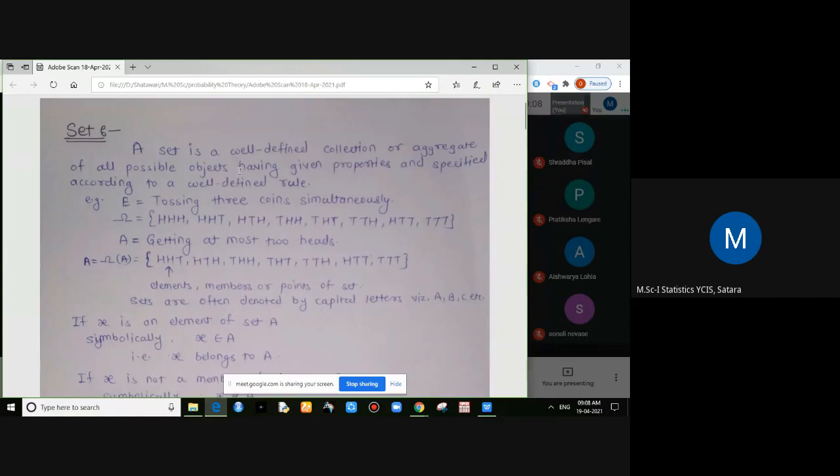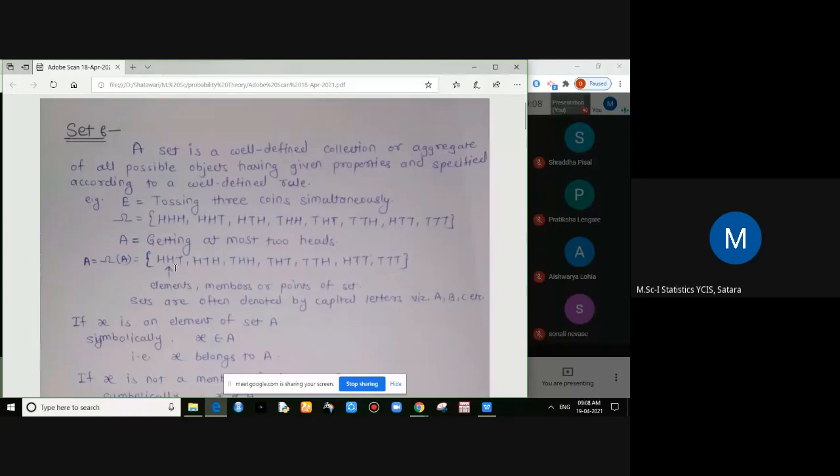Okay, and on this rule again we are going to collect some objects in the sample space. So after evaluating this rule, that is getting at most 2 heads, we get a collection of some objects in the sample space. So what is the result?